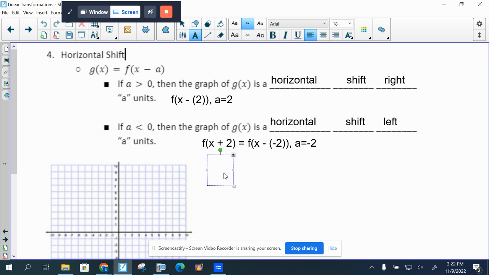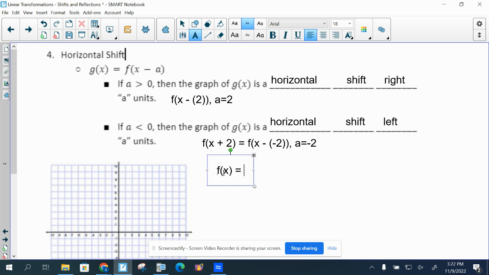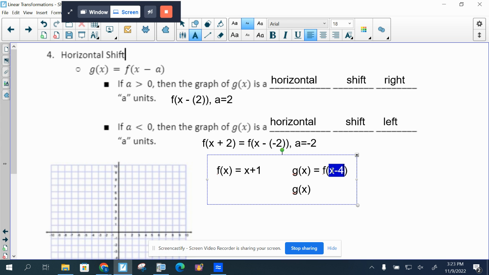So let's take our same equation, f of x equals x plus 1. And then for g of x, let's look at f of x. Let's do the 4 example again. So let's go minus 4. So for the equation, we're going to replace x with x minus 4 in this equation. So actually, you know what? I'm going to change this a little bit just so it's a little more complicated.